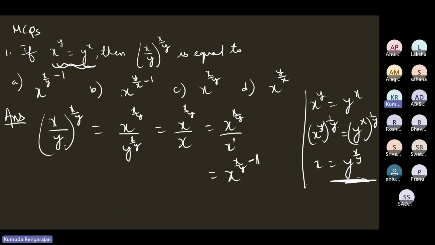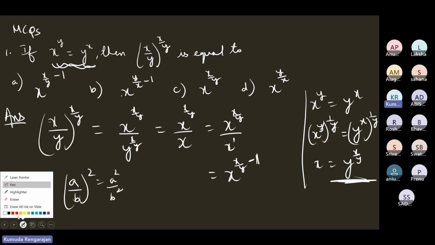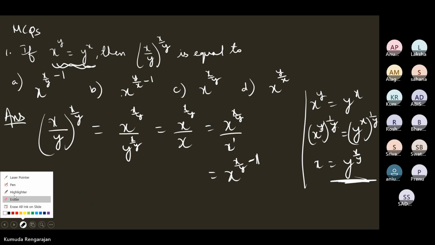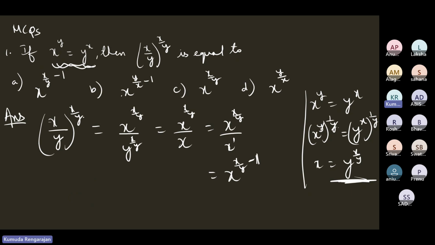Now come back to what you have to evaluate. If you have a by b the whole square, it's nothing but a square by b square. The power applies to both the numerator and the denominator. So the power x by y is for both.